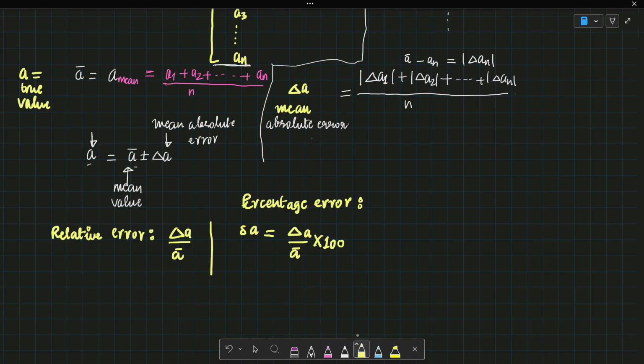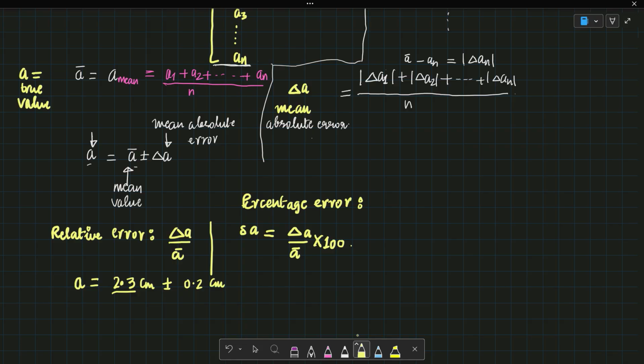Now suppose A is a measured quantity that is written like 2.3 centimeter. This is the true value we have measured, plus minus 0.2 centimeter is the error. So we are saying that we have measured a physical quantity, a length, and its true value, or mean value, is 2.3 centimeter, plus minus this error.